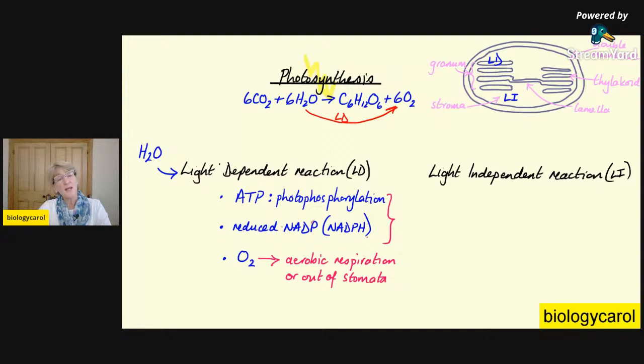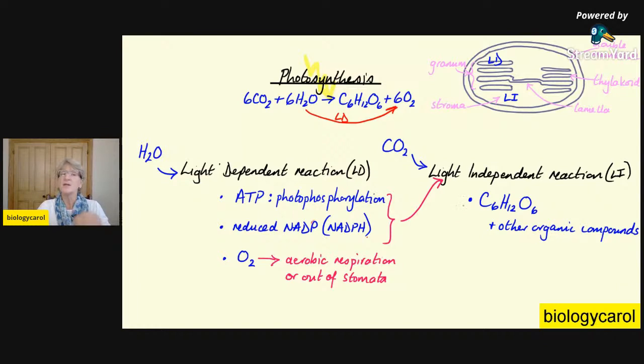So the ATP and the reduced NADPH is absolutely required for the light-independent reaction. If these babies aren't made, this ain't happening. For the light-independent reaction to happen, CO2 is fixed to make, if I'm going to be accurate, triose phosphate, or GALP if you do the syllabuses that use that term.